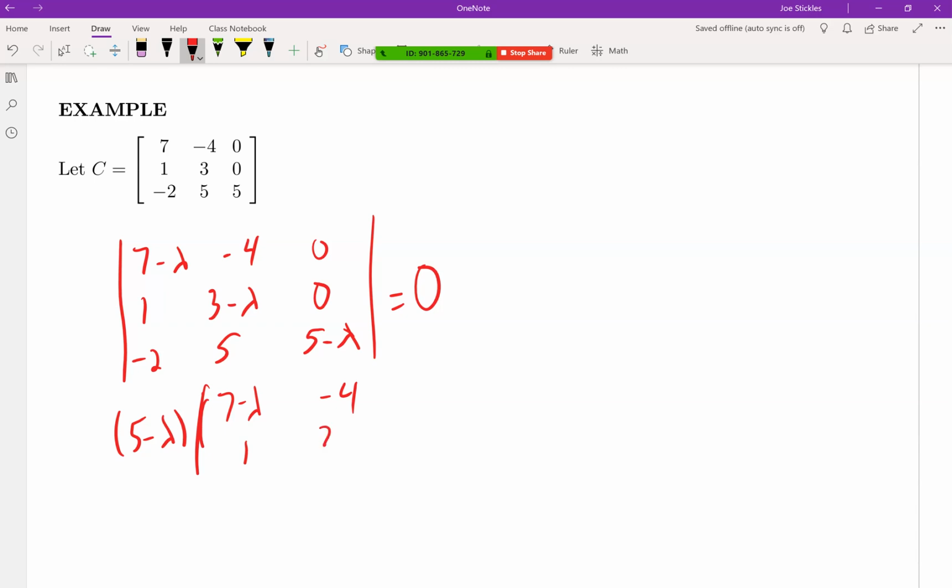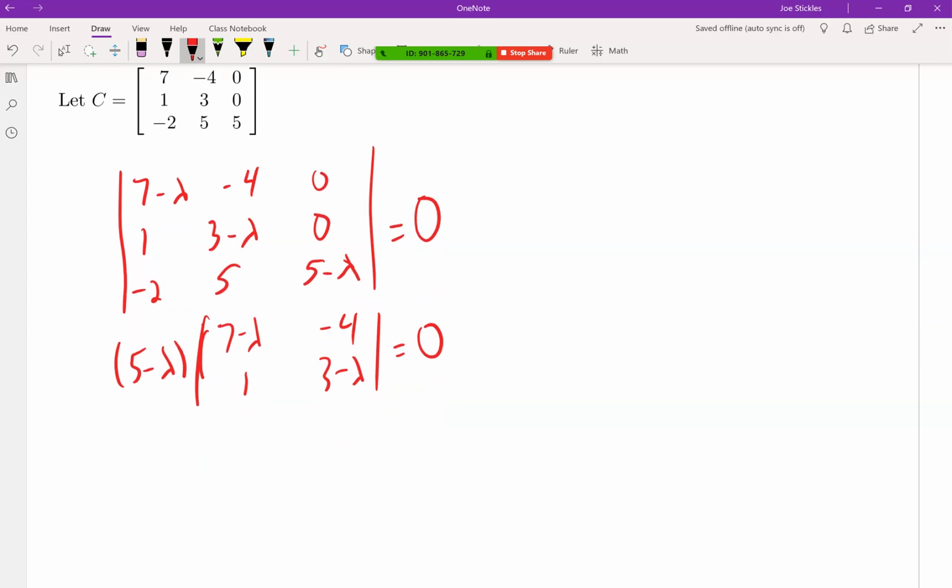Watch me screw it up. So I can expand along that last column because I got a couple of zeros there. The 5 minus lambda again is a plus, so then I get 5 minus lambda out in front, and then I've got that submatrix in the upper left-hand corner. When I get it to a 2 by 2, the determinant is pretty easy to take.